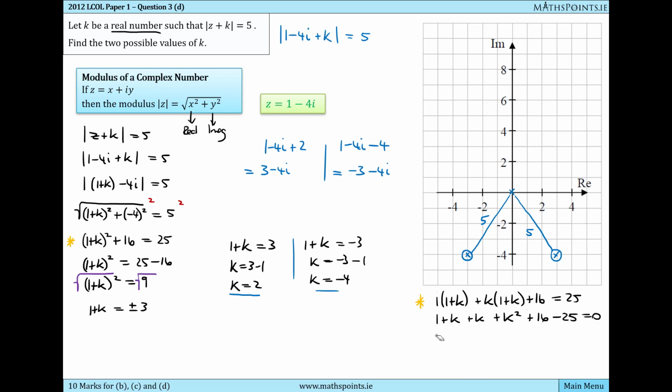We start with the k squared term, so k squared plus 2k. 1 and 16 is 17, minus 25 is minus 8 equals 0. We factorize the quadratic to give us (k plus 4)(k minus 2), which will give 2 values of k as k equals minus 4 and k equals 2 as previously found.